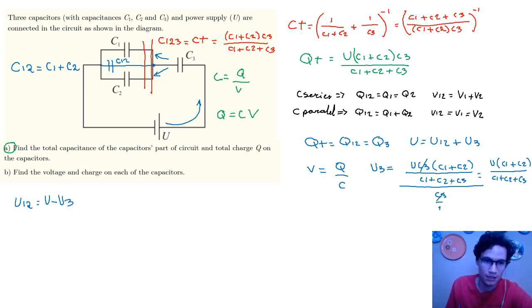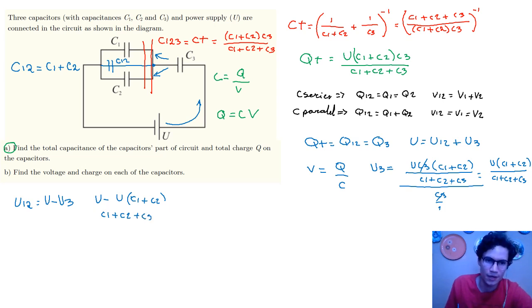This will be equal to U minus U times C1 plus C2 over C1 plus C2 plus C3.